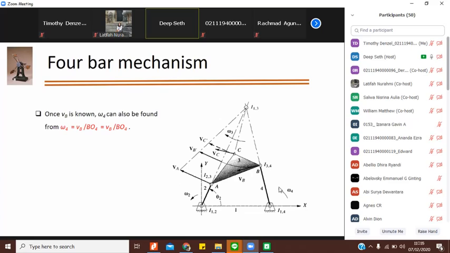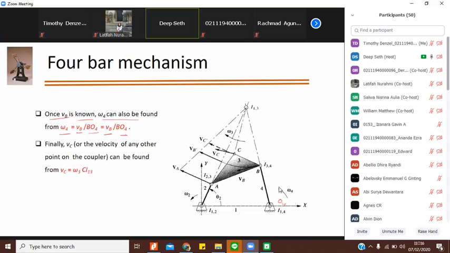Okay. Now, once VB is known, omega 4 can also be found. This is omega 4, because you know the velocity of B, and BO4 is this. This is your O4 actually. So VB divided by this link length, and you can find omega 4. Okay.